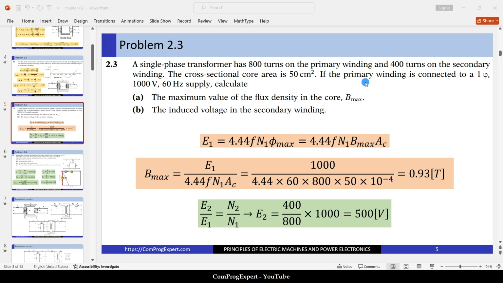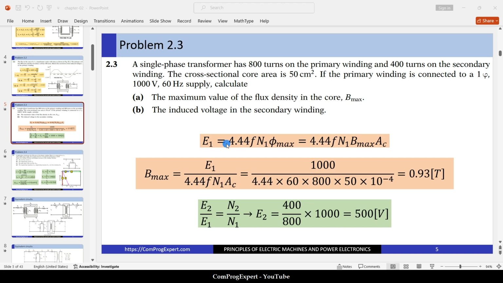If the primary winding is connected to a single phase 1 kilovolt 60 Hz supply, calculate A, the maximum value of the flux density in the core, B max, and B, the induced voltage in the secondary winding.